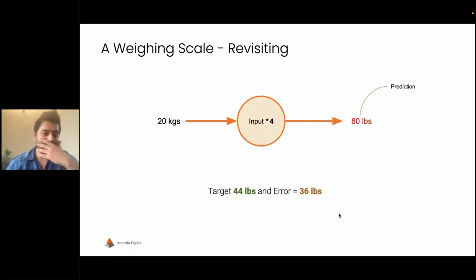All right, so let's take this example and see if that equation works. 20 kgs is the input x, multiplied by 4. 4 is m, 80 lbs is y, okay? And the target is 44, so the error is 36. We did the simple subtraction here, 80 minus 44.